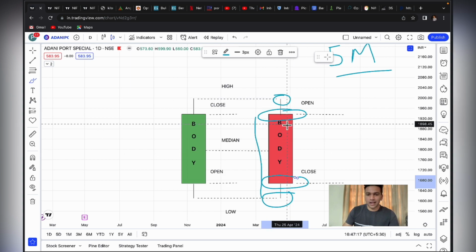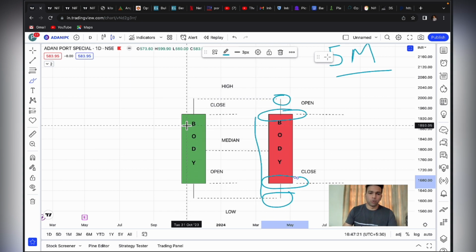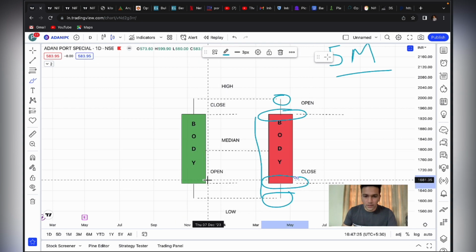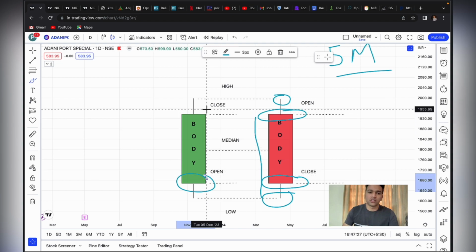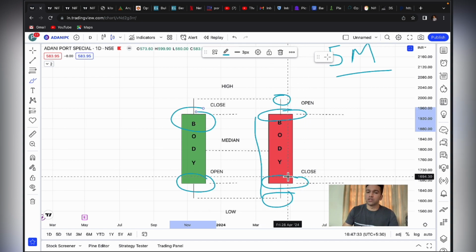This is a typical example of a bearish candlestick, completely opposite to the bullish candlestick. In bullish, the price opens lower and closes higher. In bearish, the price opens higher and closes lower.